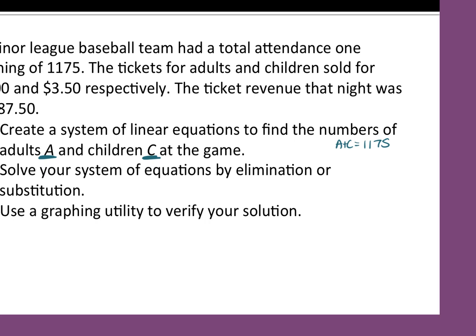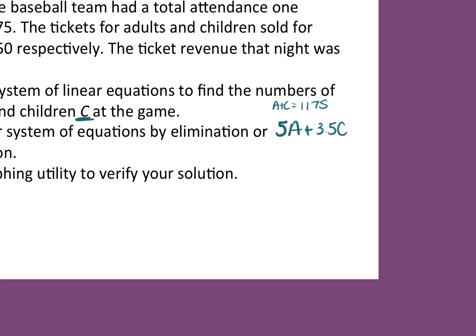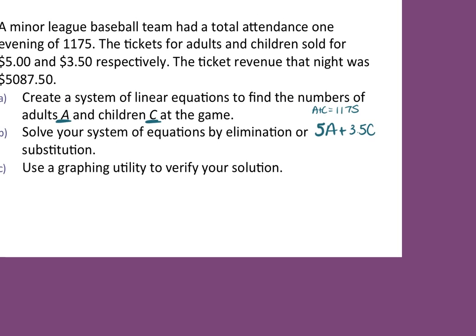Then it says each adult ticket sold for $5. So I give it its value. 5 times A for the adults plus $3.50, which means I can actually just do 3.5, I don't need the 0, times each child's ticket equals the money that was brought in, which is $5,087.50.